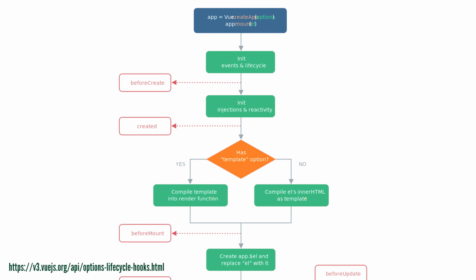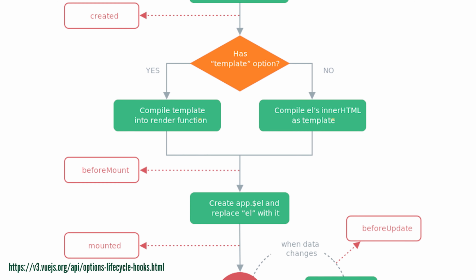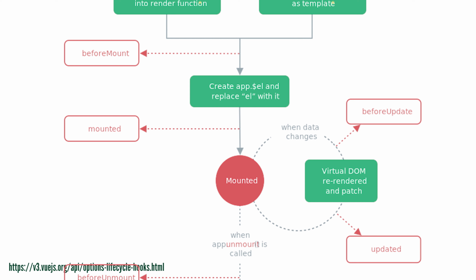And here you can see how it looks in the Vue.js 3 lifecycle. On the very top, we create an app. Of course, this is related to the instantiation. Then you see beforeCreate, of course. Then on the very bottom, you see beforeMount and beforeUpdate. So nothing really changed. That's the thing I told you before, right?